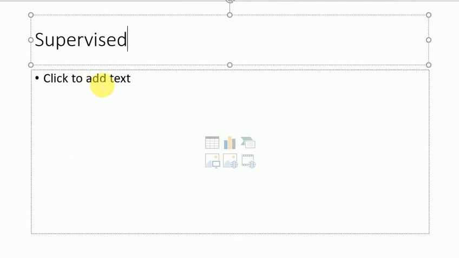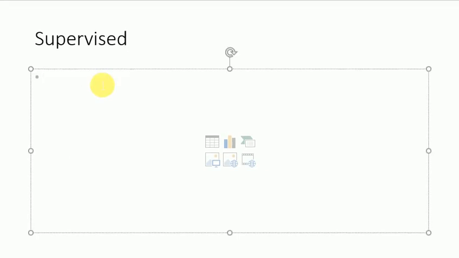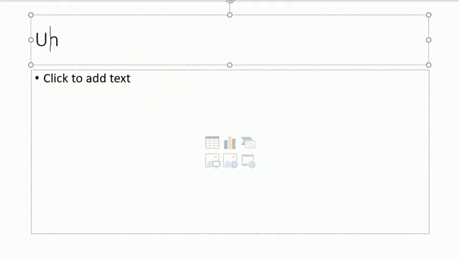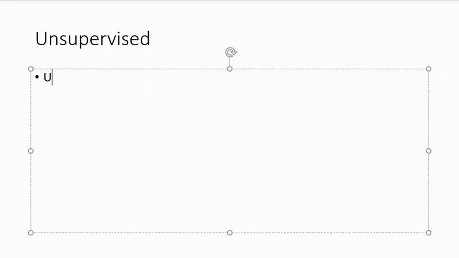To understand supervised, I will tell you in brief and then I'll take you into the depth of the explanation. So here we have labeled data. In case of unsupervised, we have unlabeled data.